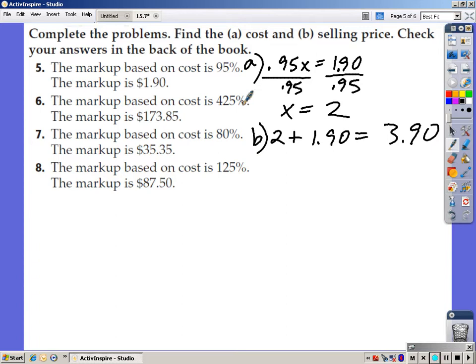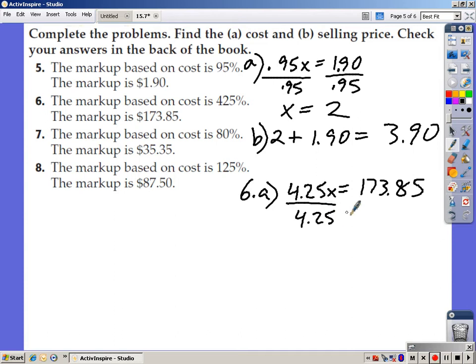Okay? Now, number 6, part A. Markup based on cost is 425%. The markup is 173.85. So we have 4.25x equals 173.85. Divide both sides by 4.25.